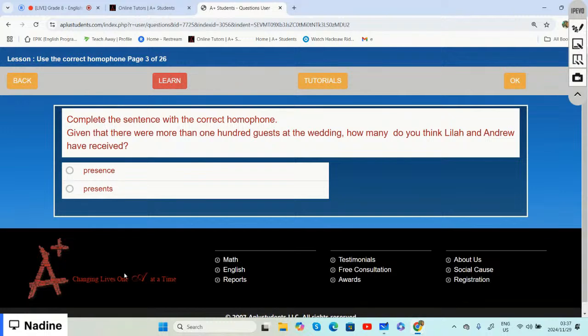It says, given that there were more than 100 guests at the wedding, how many presents do you think Lila and Andrew have received?